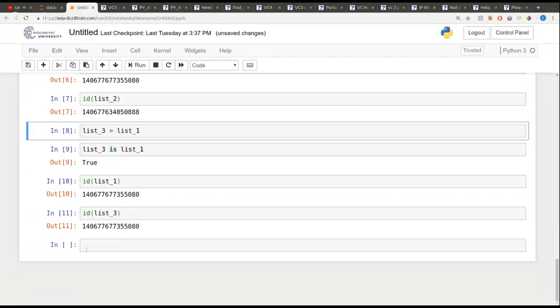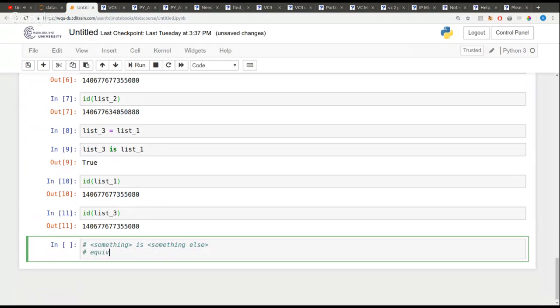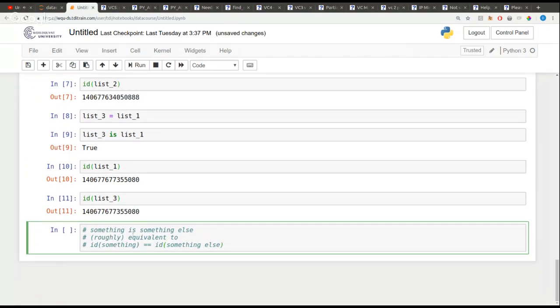And generally, something "is" something else is roughly equivalent to ID of something equals ID of something else. So this is roughly equivalent to this.